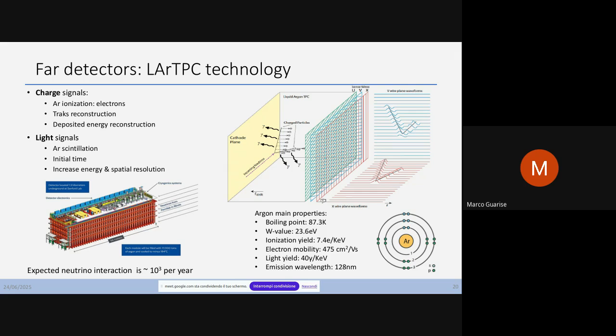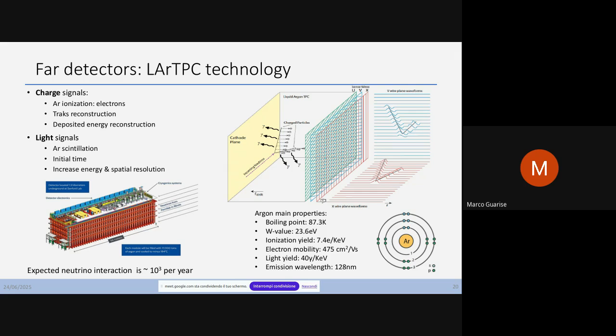And to measure the timestamp of the events, you can exploit the scintillation of argon, which is a prompt signal. So then you can reconstruct the Z dimension. In the far detector, we will have 1,000 neutrino events per year.